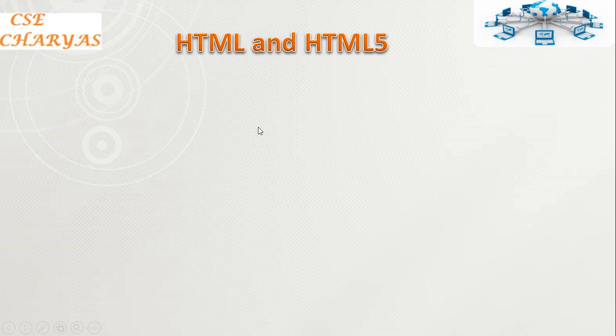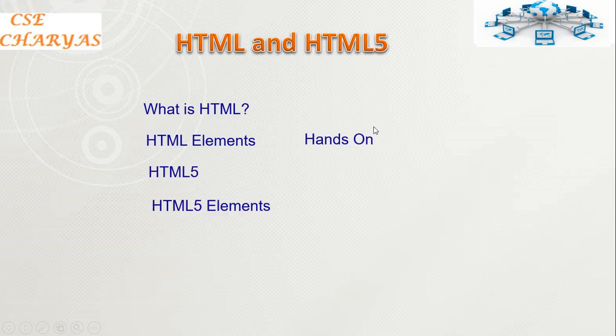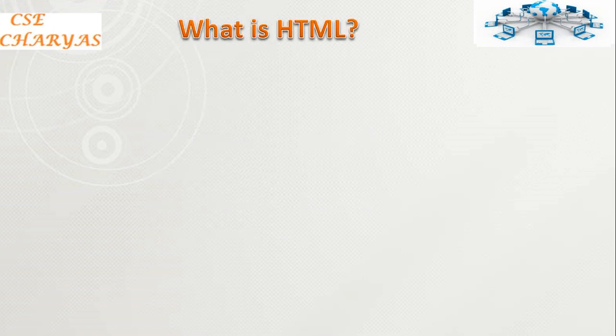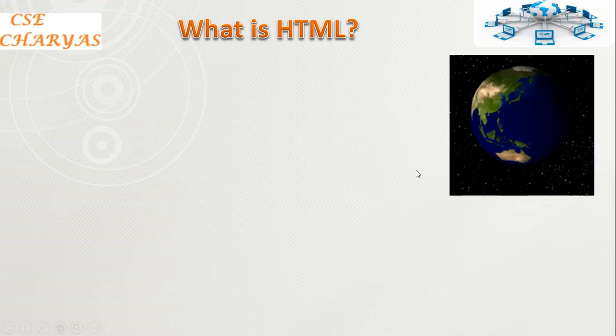Now we'll see what HTML actually is, then HTML elements, HTML5 elements, and HTML5 versus HTML. Then what is HTML? HTML is a standard markup language for web page creation.